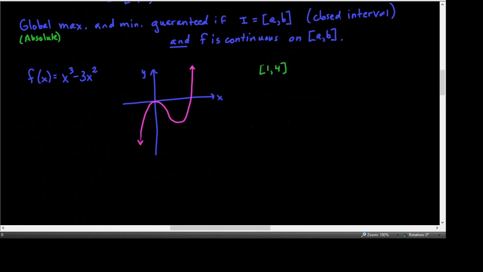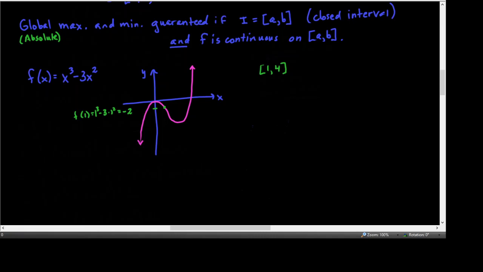what you'd want to do is find out what the y value is at 1. So let's just say it's about right there. What's the y value? Well, let's see. F of 1 is 1 cubed minus 3 times 1 squared, which is negative 2.